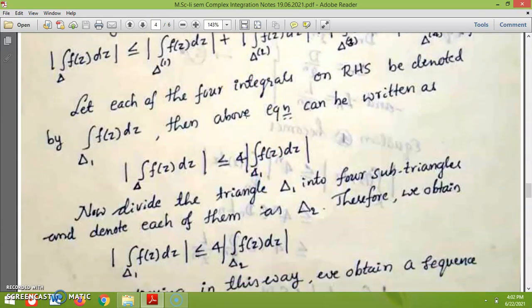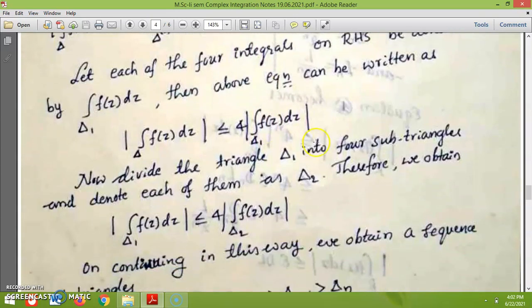Now again this triangle delta 1 can be divided into 4 sub-triangles, which can be denoted by delta 2.